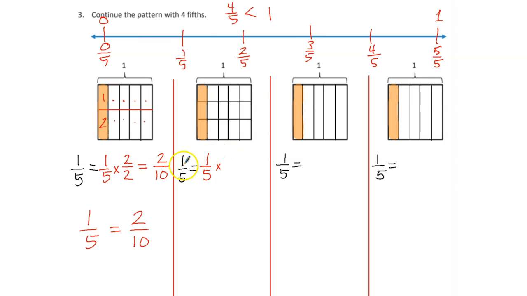So say 1/5 is equal to 1/5 times 3/3. Remember, 3/3 is equal to 1 whole. 3 times 1 is 3. 5 times 3 is 15. So 1/5 is also equal to 3/15.